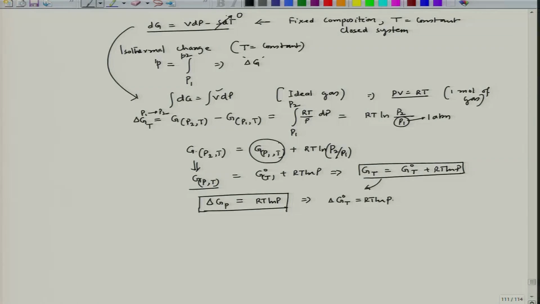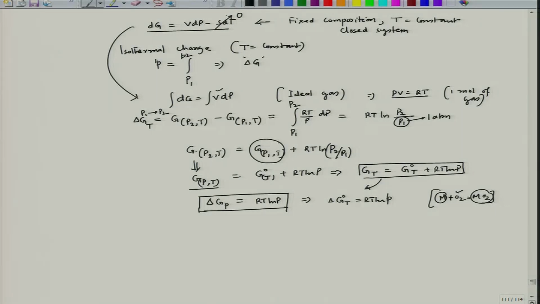Now, if there are a number of gases, in that case I try to understand with respect to oxygen only, since in this particular oxidation process, M plus O2 equal to MO2, this is the only gaseous phase. The other phase, of course, is the vapor phase, but that derivation is a bit complicated and we have not considered it in our discussion.